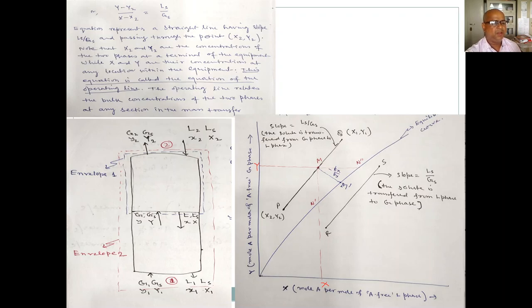Now let's take this example as absorption of ammonia from gas phase to liquid phase. If this is the case, then Y1 will be higher and Y2 will be lower. Capital Y1 will be higher and capital Y2 will be lower, because it is from the gas phase to the liquid phase.